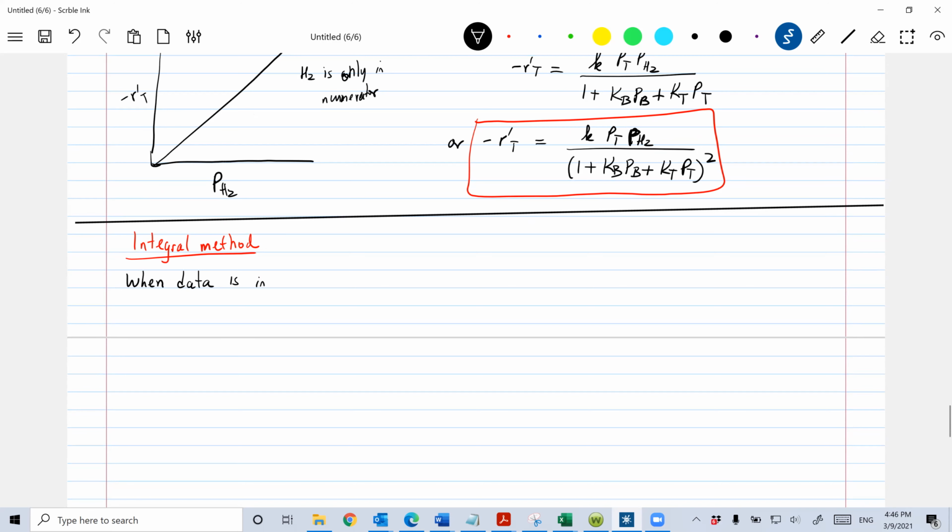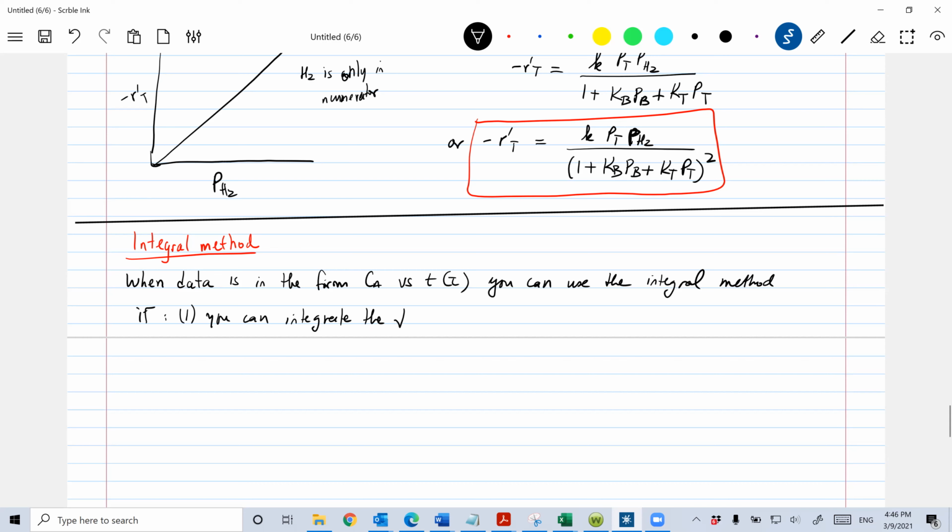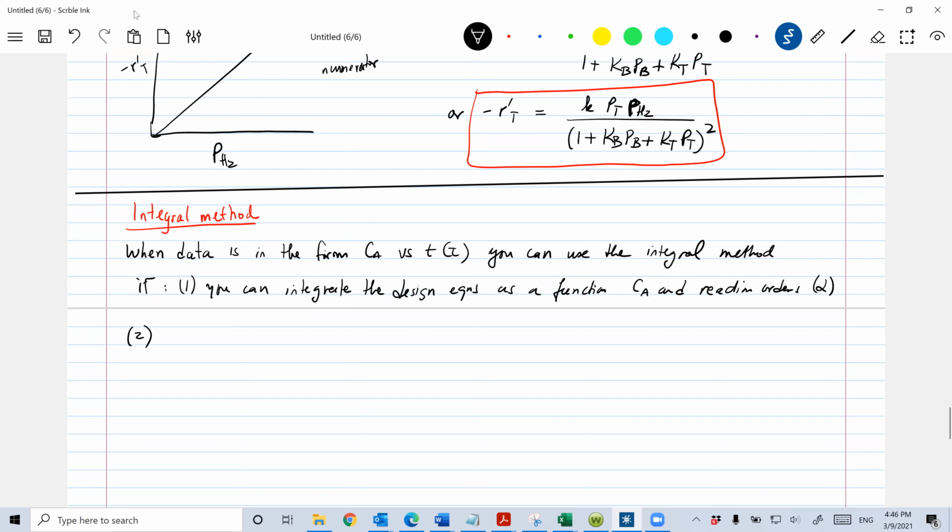So when the data is in the form of CA versus time or tau, you can use the integral method if, one, you can integrate the design equation as a function of CA and reaction orders, so let's say alpha.